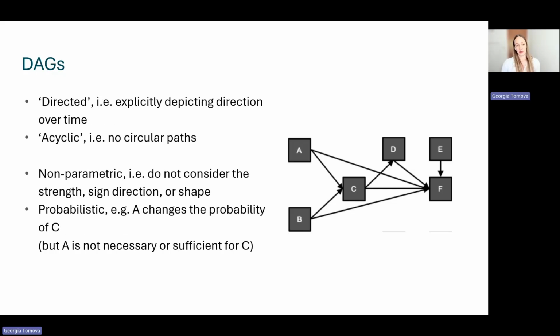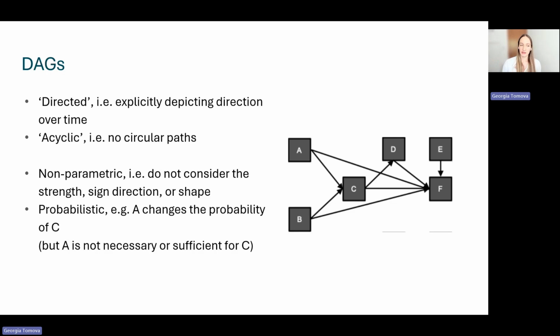DAGs are called directed because the arrows or the arcs explicitly depict the direction of the causal effect from one variable to another over time. And they're acyclic because there can be no circular paths, meaning that we cannot start from one variable, follow the arrows, and then arrive at the same variable.